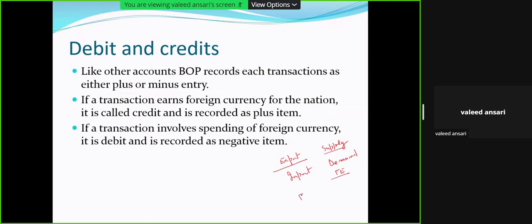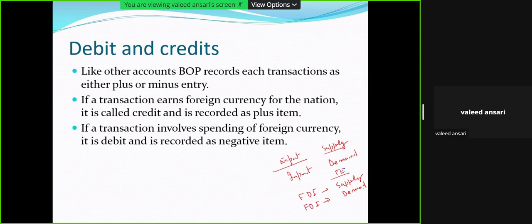If, let us say, FDI flows into our country, the foreigners invest, it will result in supply. If Indian companies make investment abroad, then it will result in outflow, which will result in demand. Rupee will be converted.